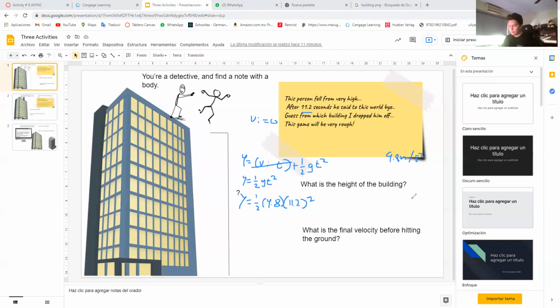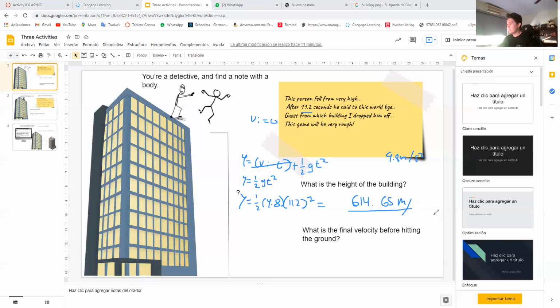Now, we input this in the calculator, and we calculate that the height of the building must be 614.65 meters high.